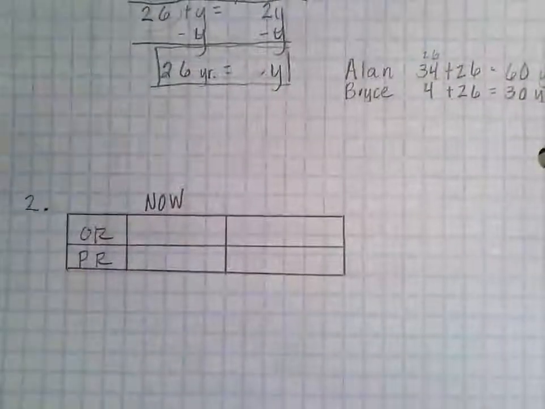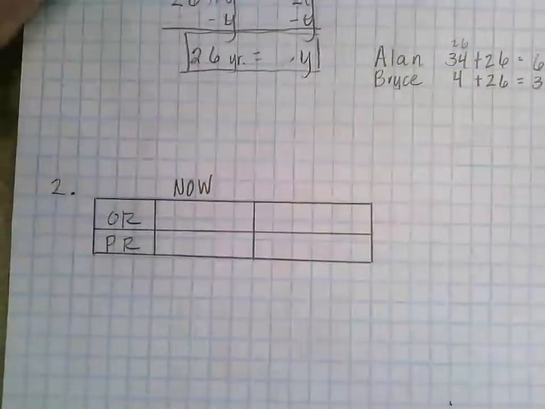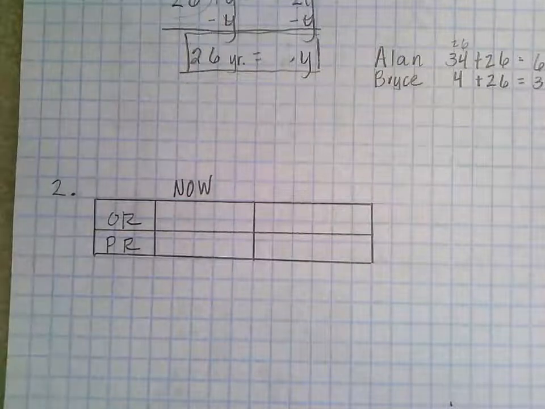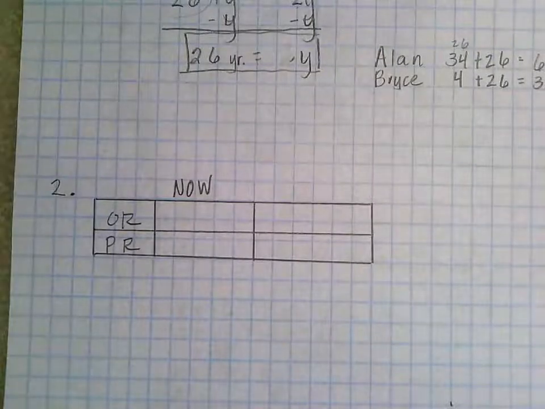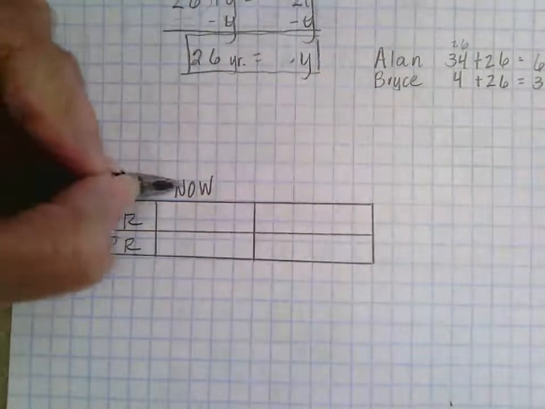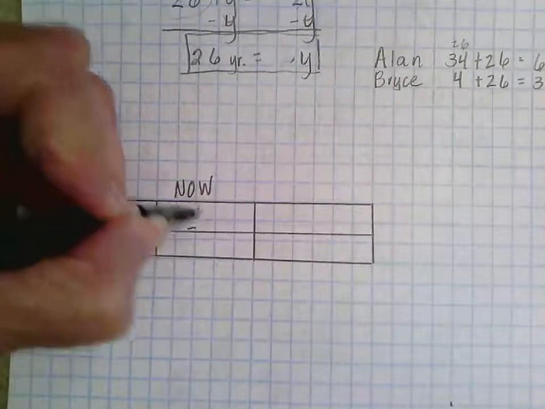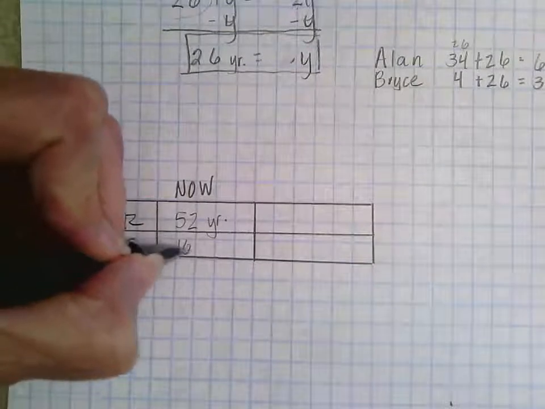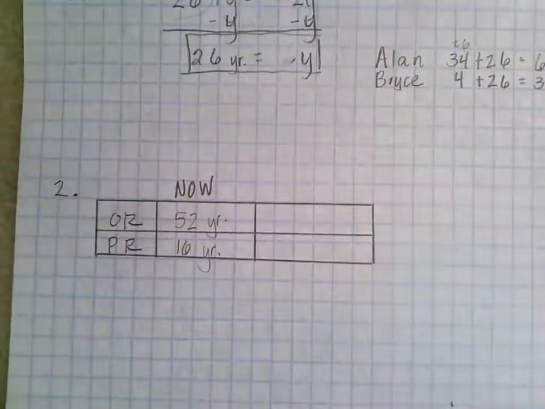So I've set up my table, I just used abbreviations, the Oriental rug and the Persian rug. And our problem tells us that the Oriental rug now is 52 years old and that the Persian rug now is 16 years old.